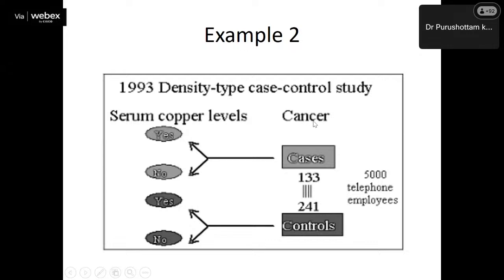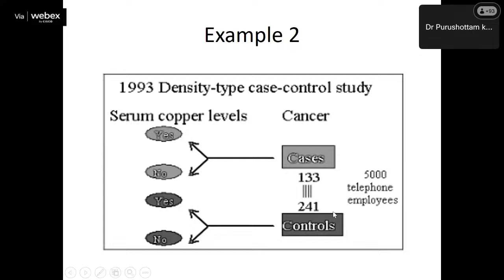So they took the blood sample of that many persons, that is 5,000 persons, and after follow-up over time they found that there were 133 cases. At the same time, when the first case appears, they take 1 or 2 corresponding controls for that case. So overall, at the final study, they have 133 cases and correspondingly 241 controls.